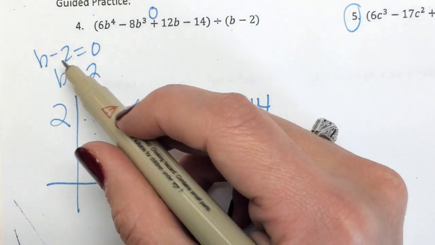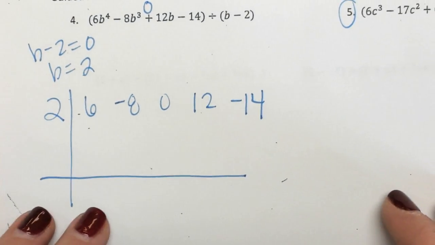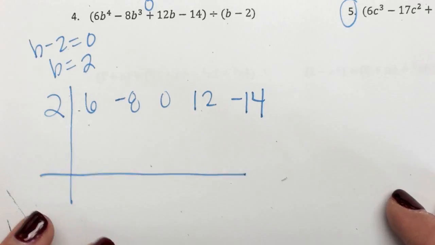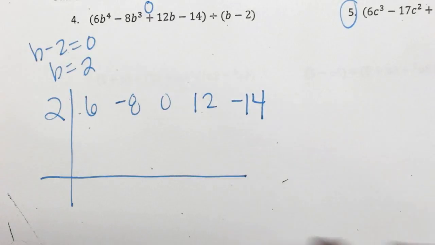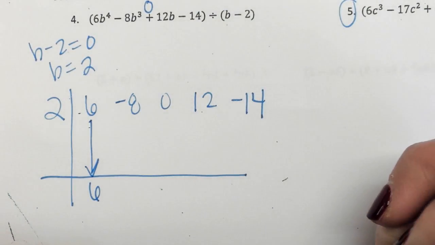Setting this equal to 0. Then we got to add this over to solve for B. What do I do next? You write the exponent numbers from the... Help them out, somebody. Bring down the 6. Alright, now I'm going to go down the line.